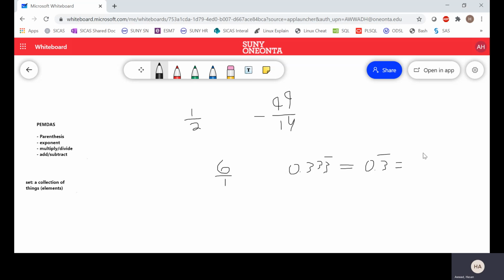And finally, that's just the same thing as 1/3, right? So as we can see here, we do have a divisor. And as long as we have repeating decimals that go in a pattern, then it is a rational number.